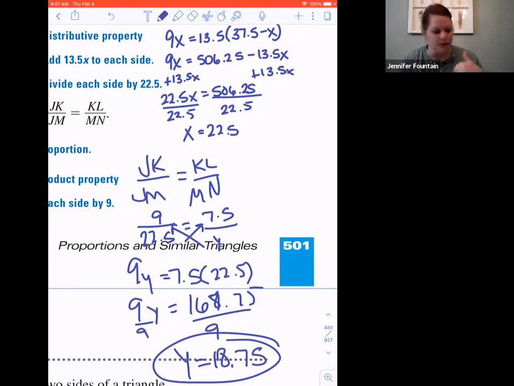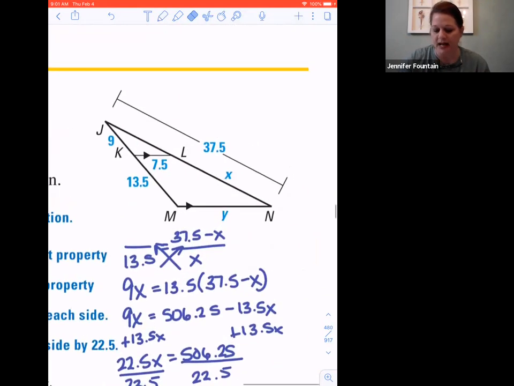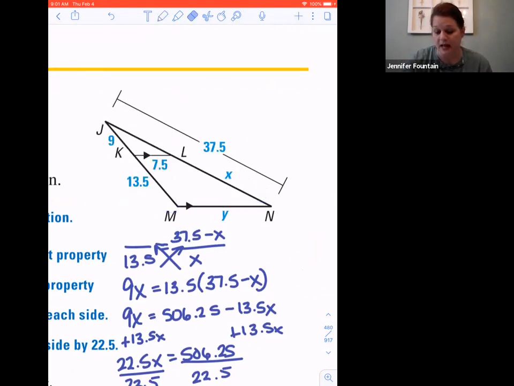So in this situation, we put two things together. We looked at two different things in this problem. Not only did we have to look at my sides being proportional here to here, and over here to here, but then we had to work with our parallel lines.